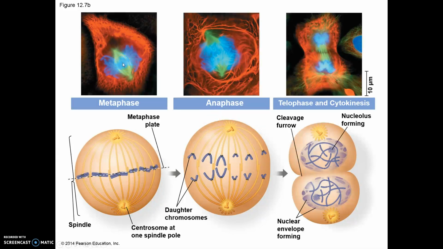As we see those sister chromatids being pulled apart into sister chromosomes or daughter chromosomes, we call that anaphase. And then post that, we have telophase, where the nucleus is starting to reform around the DNA, and cytokinesis, where we start getting a cleavage furrow that will ultimately separate the cell into two.